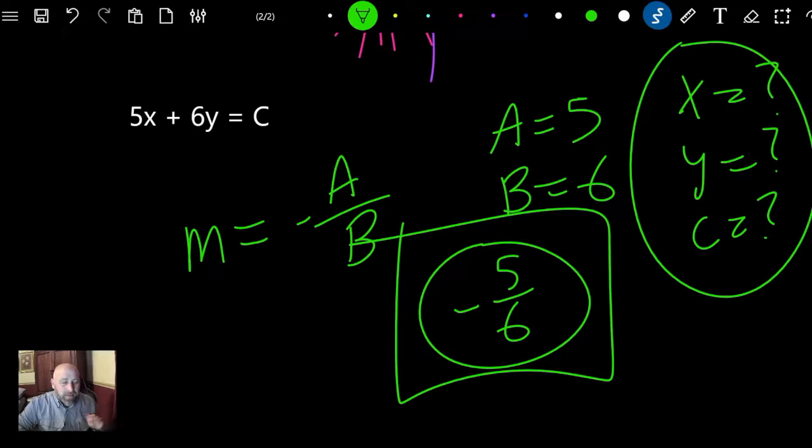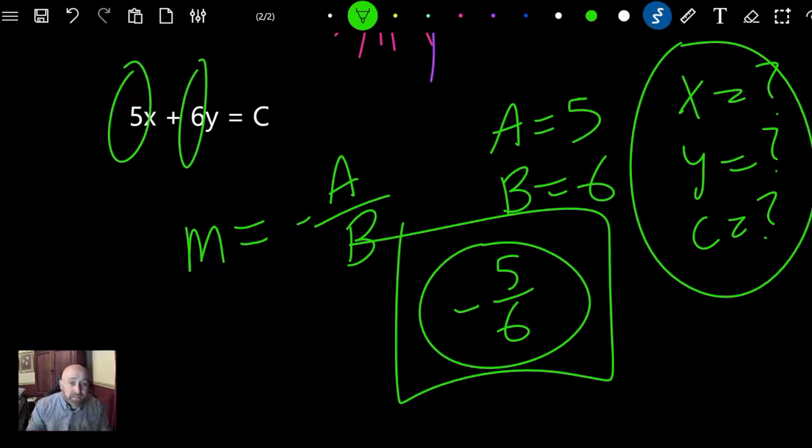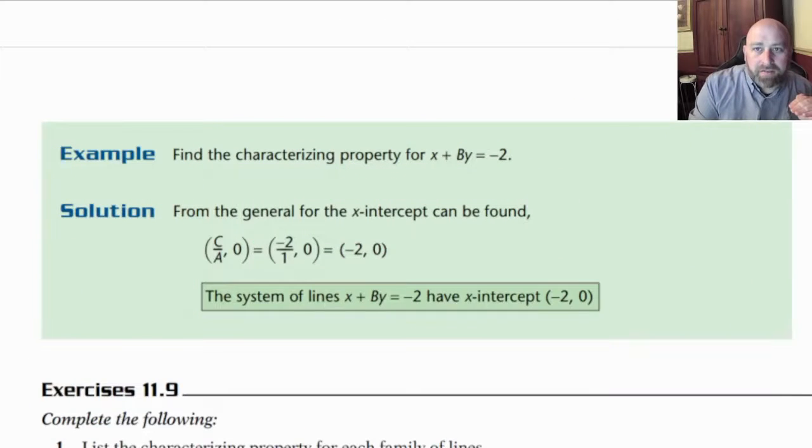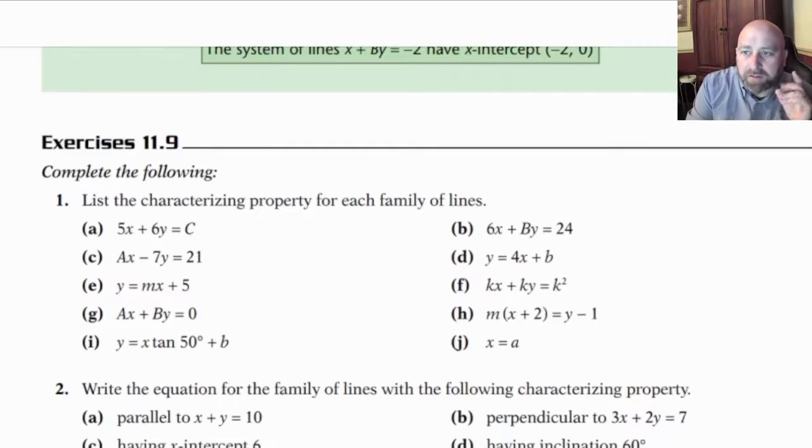That's a constant. Why is it a constant? Because our a is 5 and our b is 6. So that won't change.